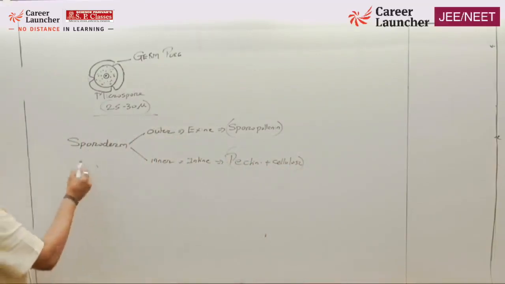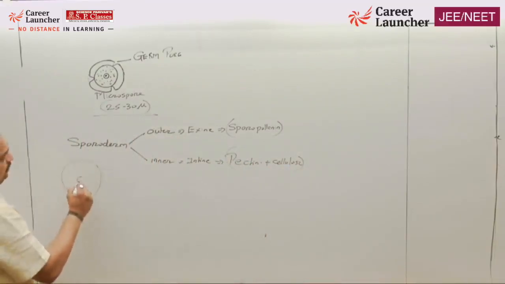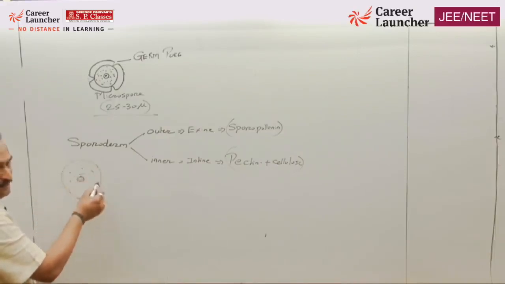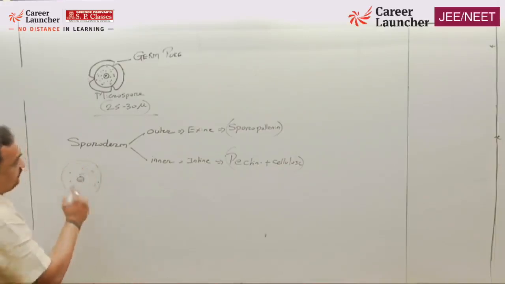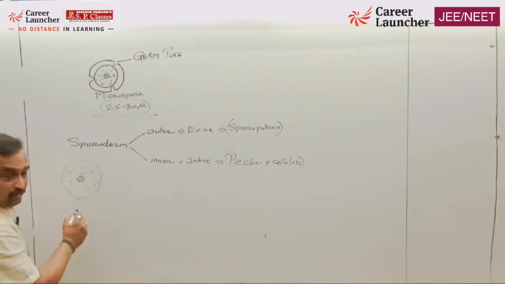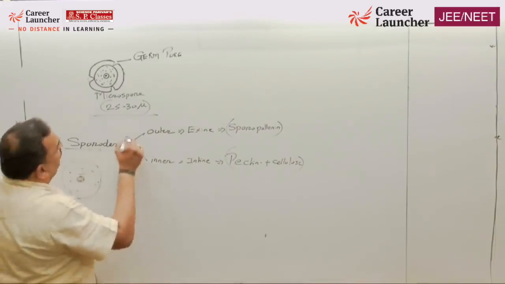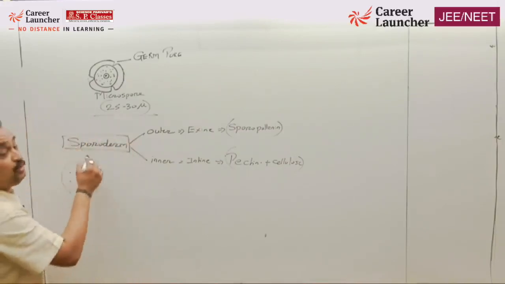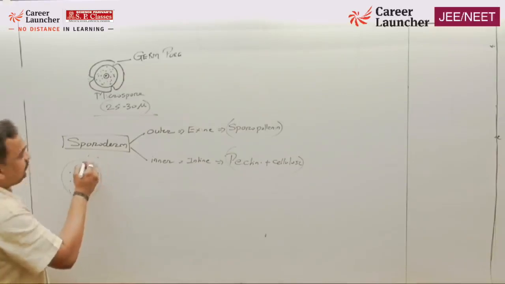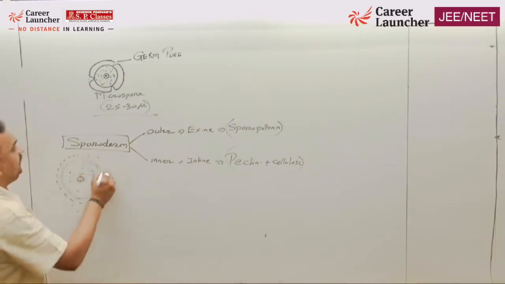A typical microspore is unicellular, uninucleate. It has a haploid nucleus which is surrounded by cytoplasm. Okay, it is about 25 to 30 micron in size. Right? It is externally covered by a protective covering which is called the sporoderm. What do we call it? The sporoderm has two layers, an outer layer and an inner layer.